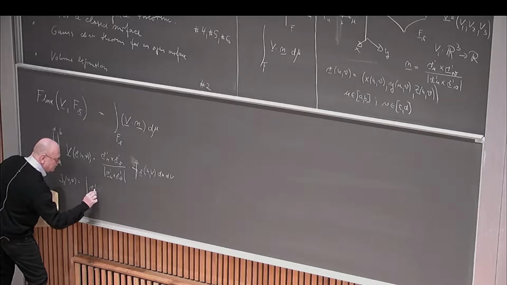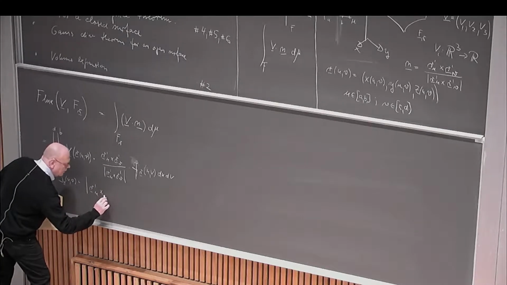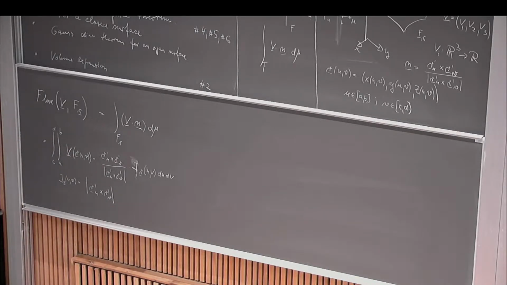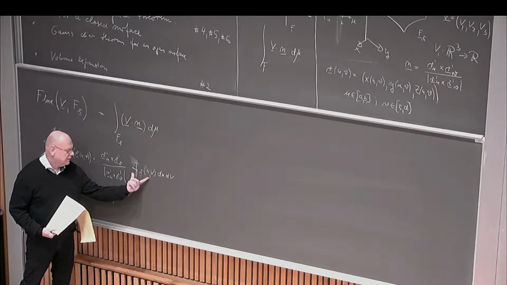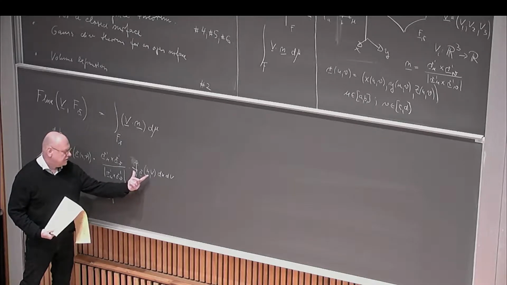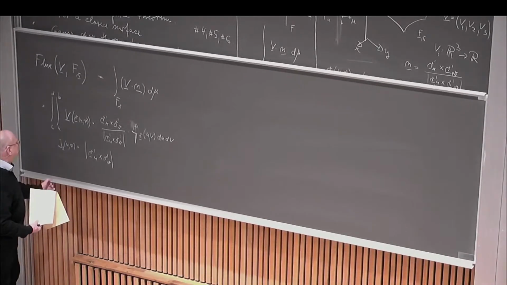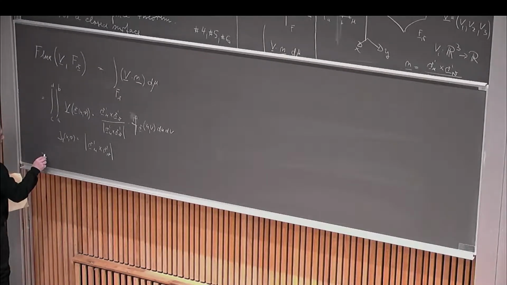That is this one here. And this is truly nice because if you enter this into the integral formula here, then you can see that these two terms cancel, and you end up with this rather simple formula.